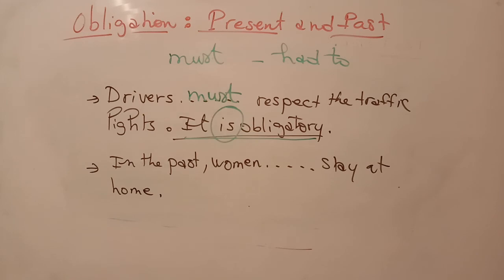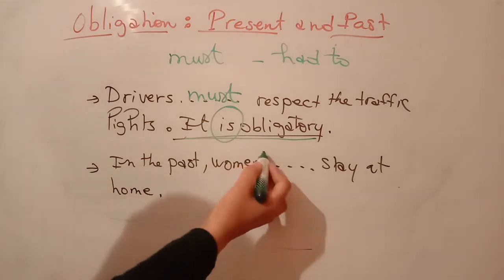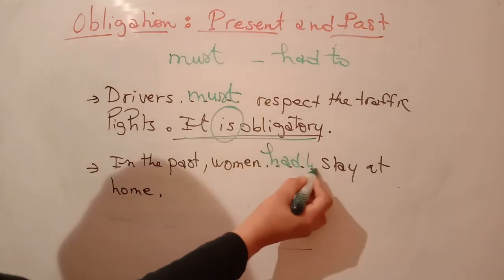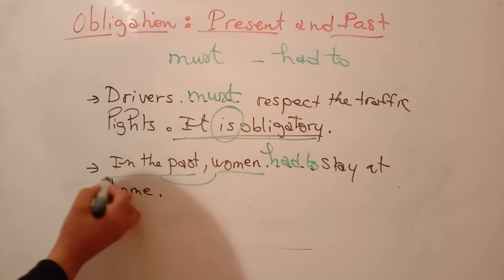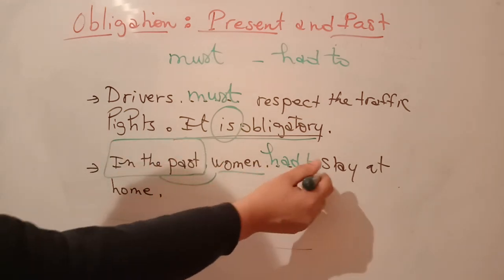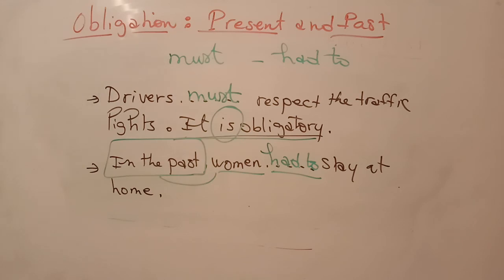In the past, women blank stay at home. Okay. So what do you think? Must or had to? Good. Of course, it's had to because the situation here refers to the past. Women in the past. That's why we are going to use had to plus verb bare infinitive.